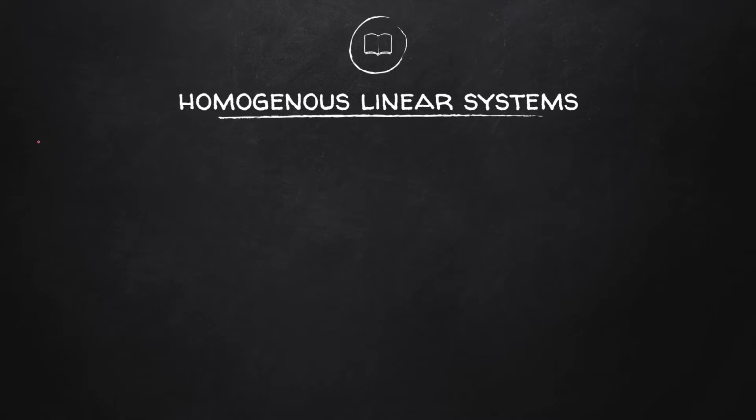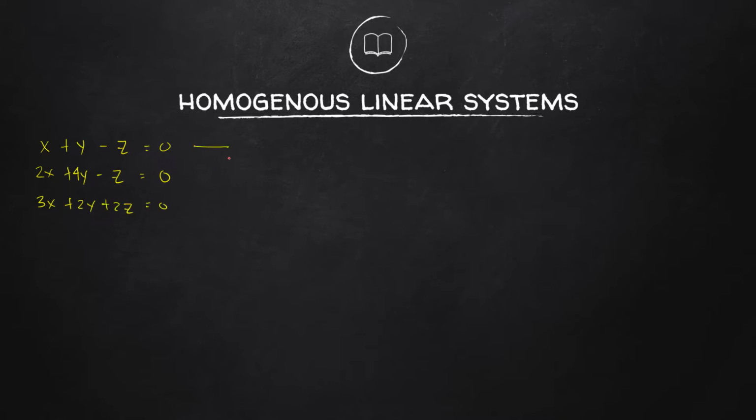Take note that we have your equations: x plus y minus z equal to 0, 2x plus 4y minus z equal to 0, 3x plus 2y plus 2z equal to 0.